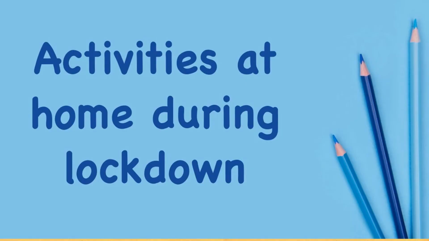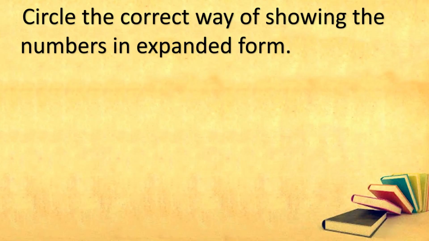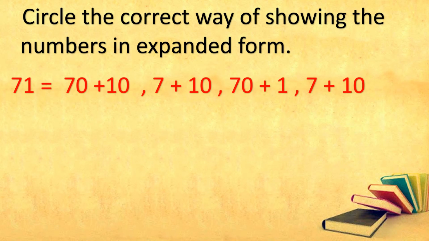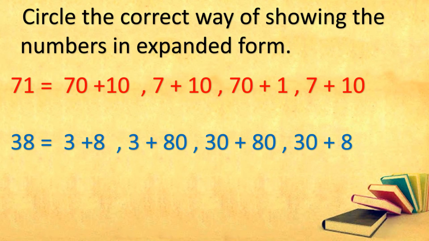Let us do some activity. Circle the correct way of showing the numbers in expanded form. 71 equals 70 plus 10, 7 plus 10, or 70 plus 1. 38 equals 3 plus 8, 3 plus 80, or 30 plus 8.